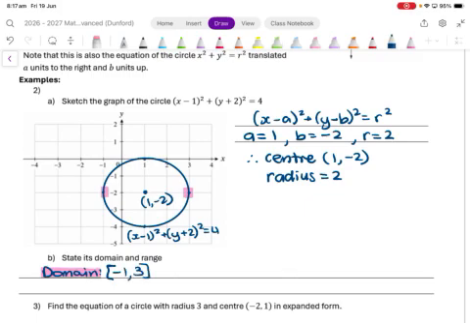Our range is the y values it can be. Our smallest y value is minus 4 and our largest y value is 0. So that means our range is minus 4 to 0. Now we do our square brackets because it includes all of these points.